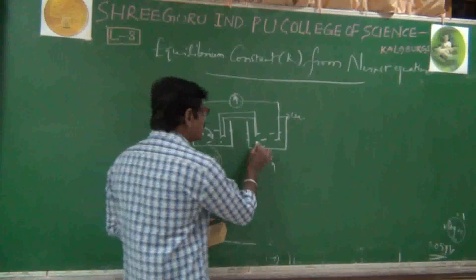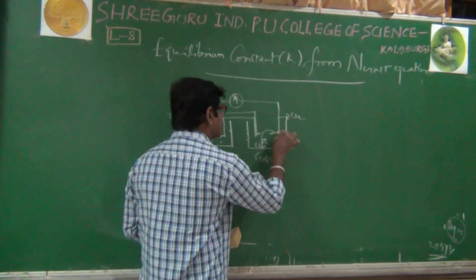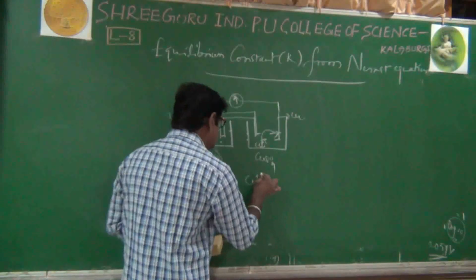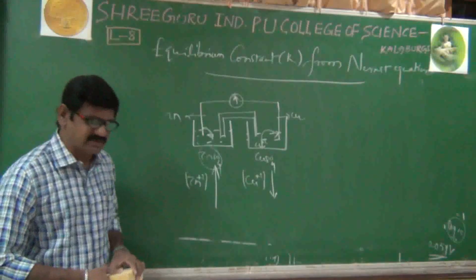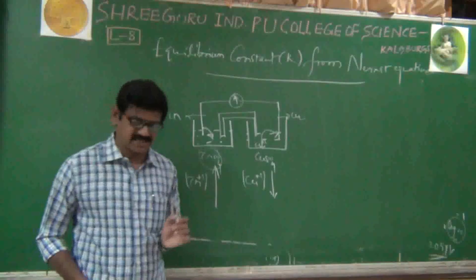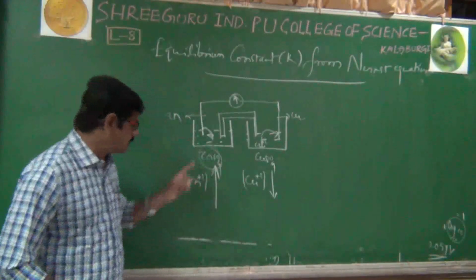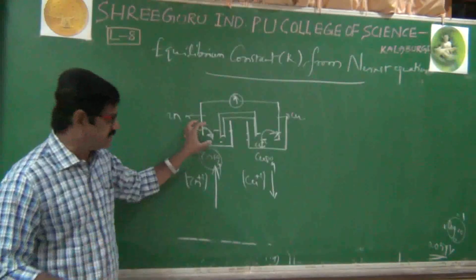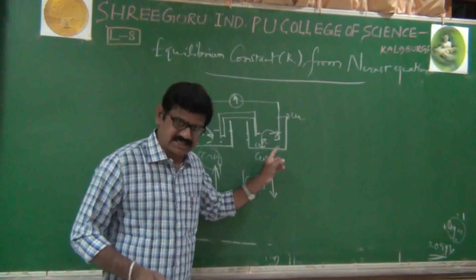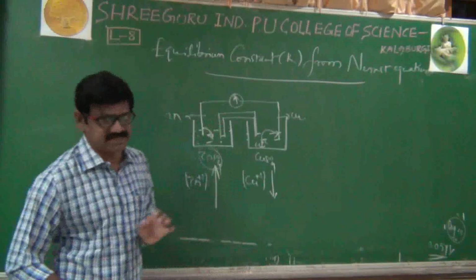Simultaneously, Cu plus 2 ions are converted to Cu. Therefore, Cu plus 2 concentration decreases. I'll repeat once again. During the course of reaction, Zn plus 2 concentration in the first half cell increases, Cu plus 2 concentration in the second half cell decreases.